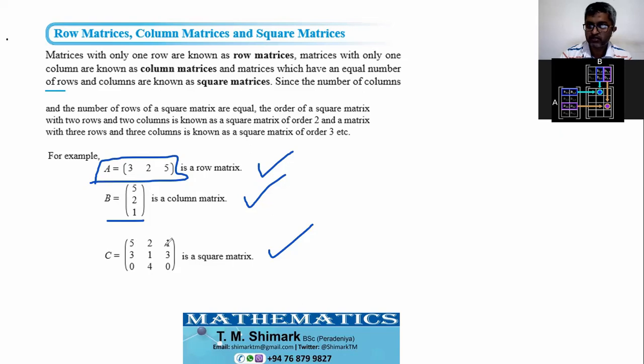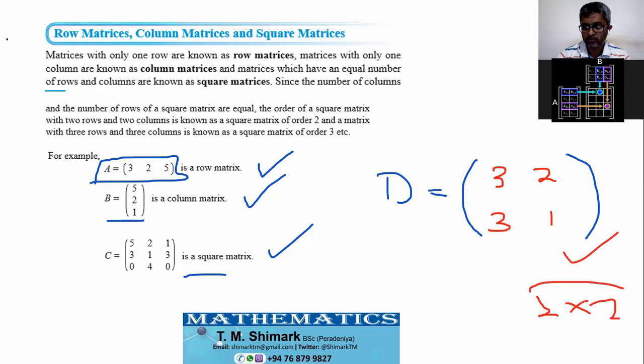Square matrix means rows and columns are equal. Can you give me an example of a square matrix? This is a square matrix of 2 by 2, right? If you want to write 3, 4, 5, whatever numbers, you can write.